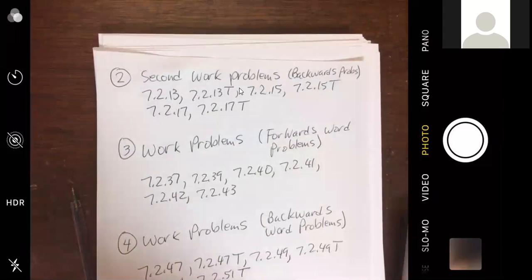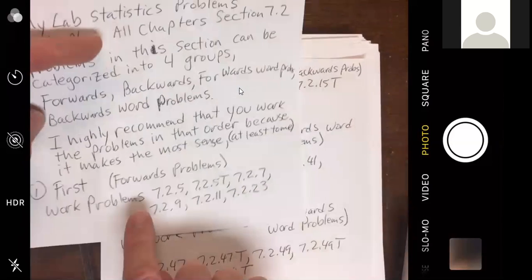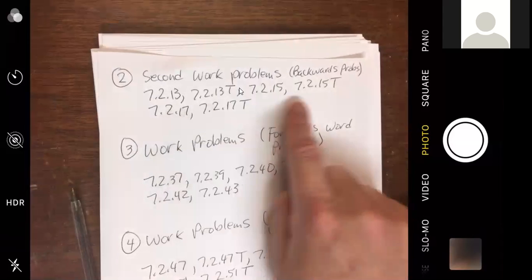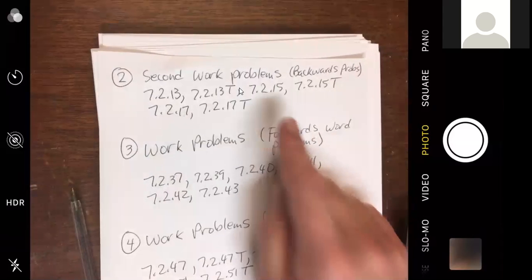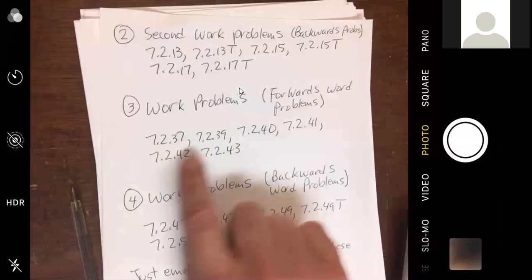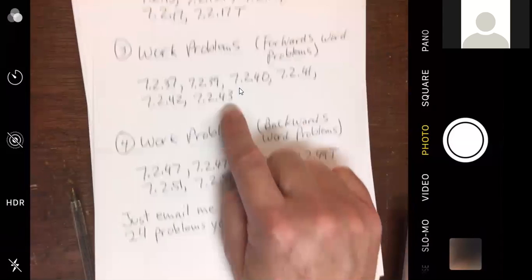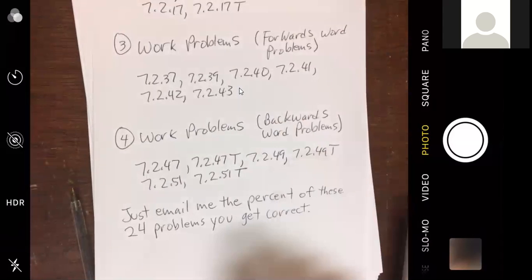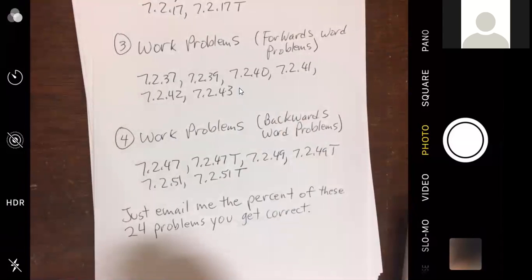I don't see how you do those first if you don't even know how the table works. So I ran through and sorted them. I picked out these forward ones, these backward ones. These are forwards word problems, and then these backwards word problems, which we're going to cover next week. But to me, they were all scrambled up on the computer.